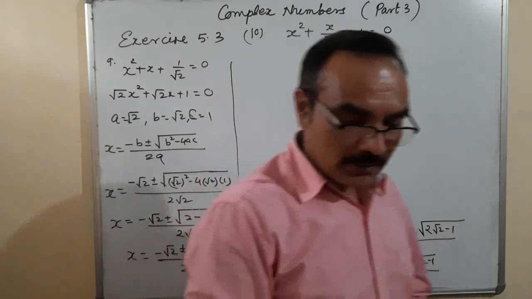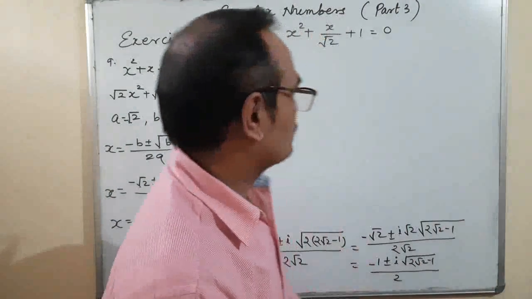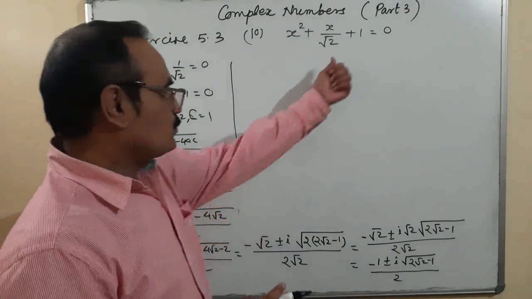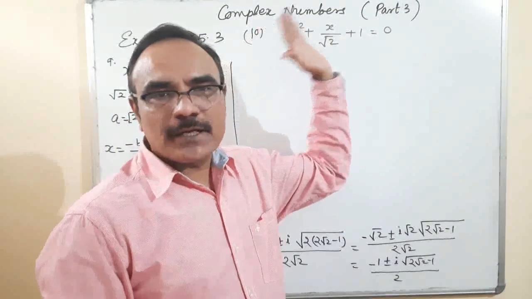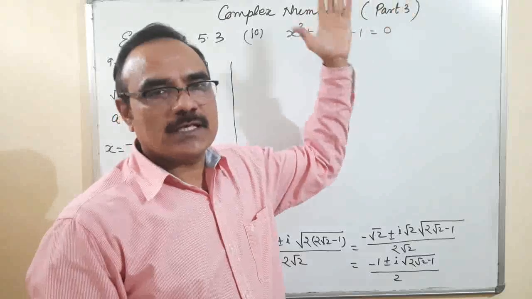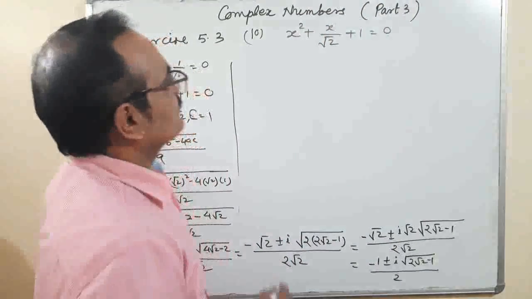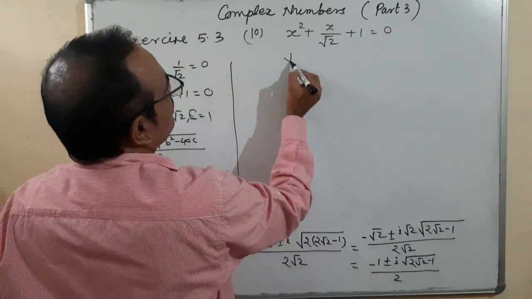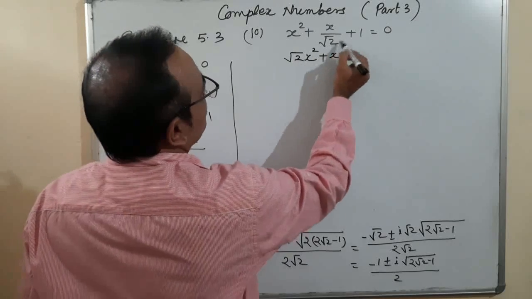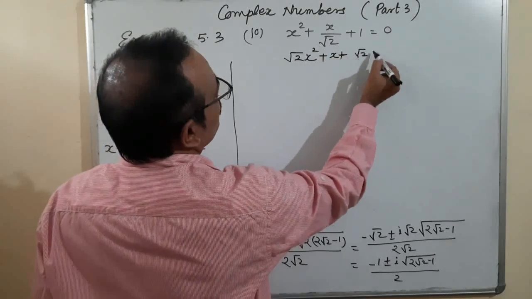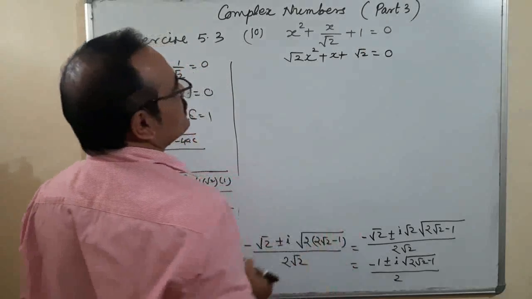If you want to remove this root 2 from the denominator, what should I do? I will multiply by root 2 on the left hand side as well as the right hand side. So the equation will be root 2x square plus x plus root 2 multiplied by 1 is equal to 0 multiplied by root 2, which is 0.